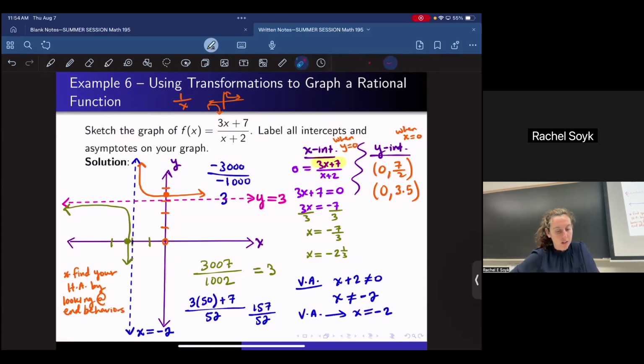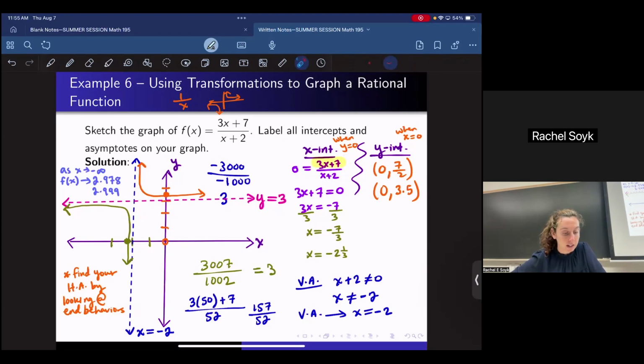And so what we did, I know I computed it, maybe not the cleanest way off to the side here, but we looked at, okay, as x is approaching negative infinity, what was happening? We were getting some value very, very close to 3. So as x approaches negative infinity, f of x was approaching like 2.978. And then we chose an even closer value, and then 2.999, but never hitting 3.